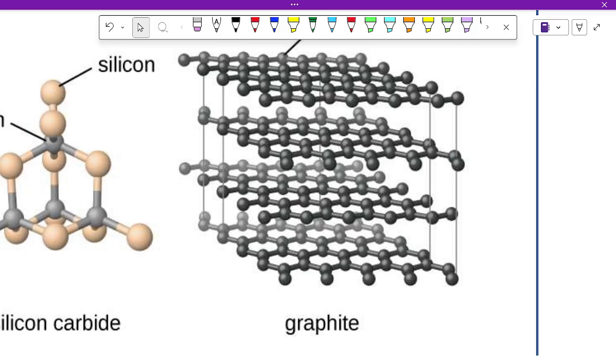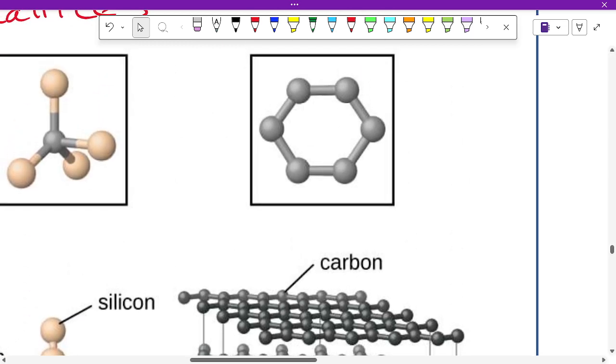And the reason is that when you have these carbons, the covalent bonds, do you see how this makes a hexagon pattern? It is only these bonds in the hexagon that are covalent.